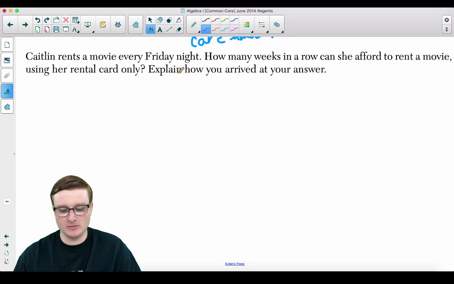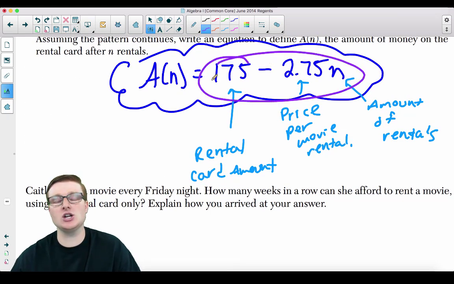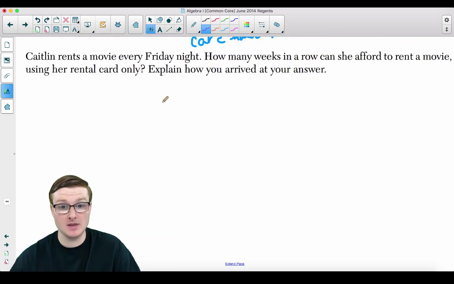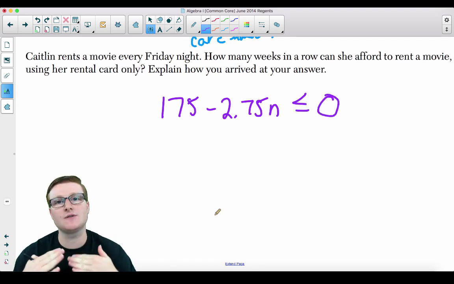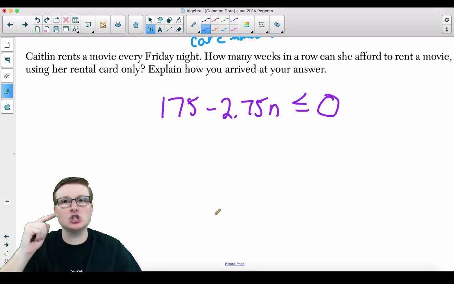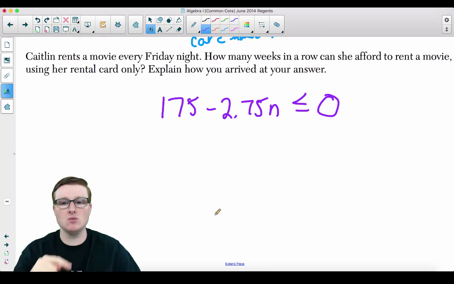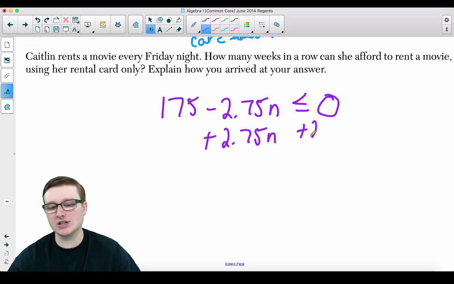So what we're going to do is take this equation and make an inequality. 175 minus $2.75n has to be less than or equal to 0. Why are we doing this? We are doing this to determine the maximum number of weeks she could afford to rent a movie. We're going to solve for n. I'm going to add $2.75 times n on both sides.